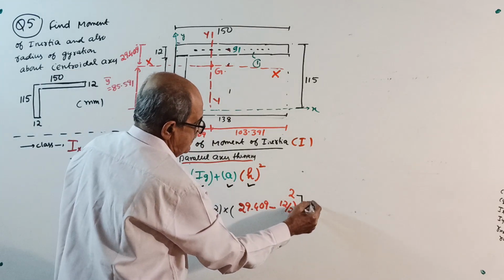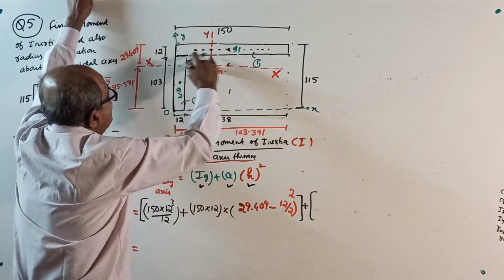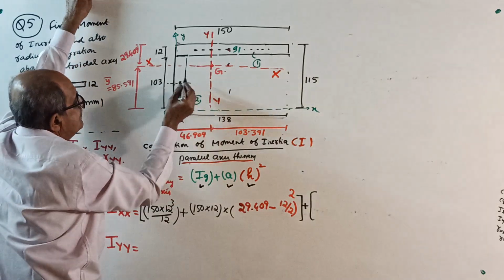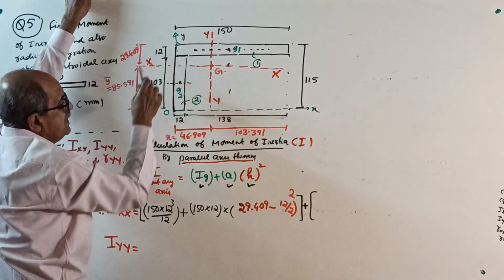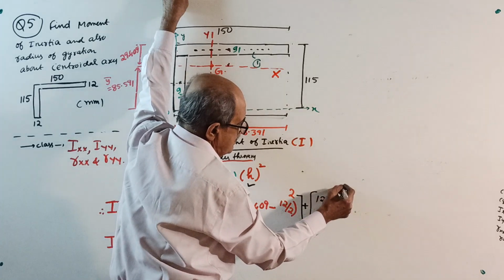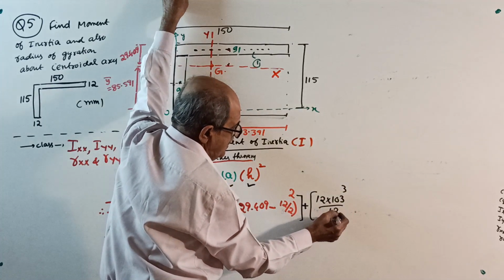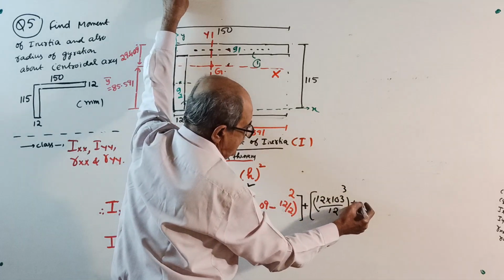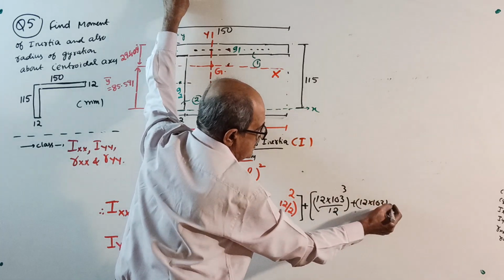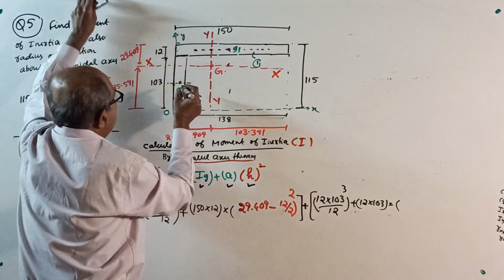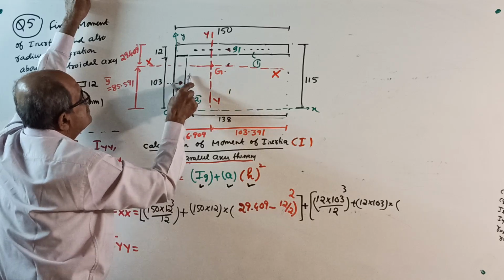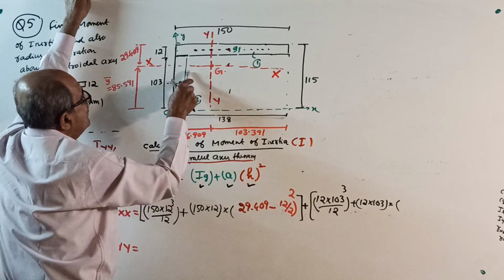Next, plus I about x of part 2. First about its own centroidal axis, 12 into 103 cube by 12. If someone asks why, sir, then no answer from me. Plus area, 12 into 103, into the distance from the centroid of the component to the x-axis, this distance square. That distance is how much?